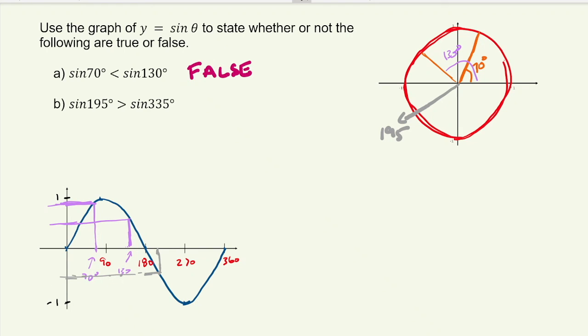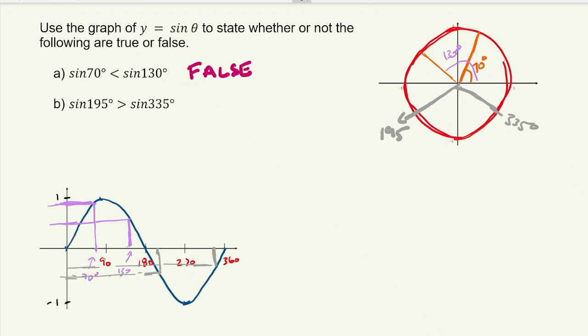And then our other one is 335. 335 is going to be out here somewhere. So we find that on our graph, and it's roughly here. And we pop that on.